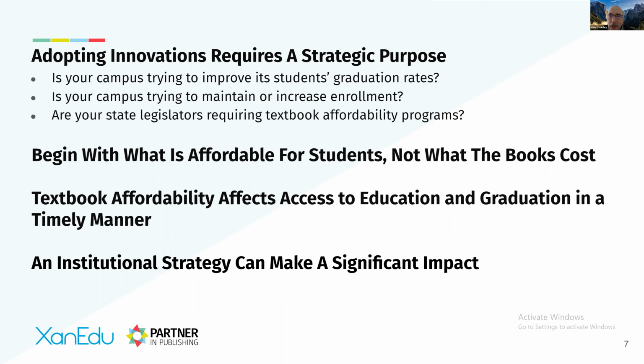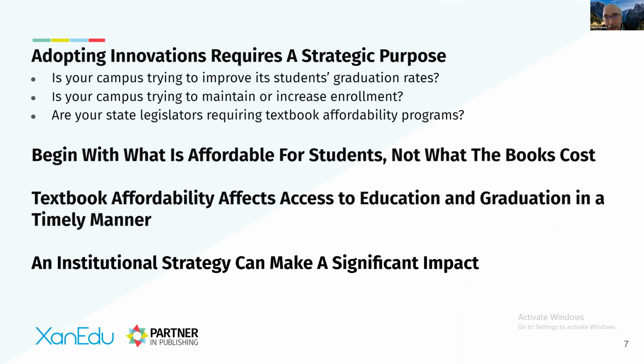You have to begin with understanding what the key priorities are for your campus, because we're all overwhelmed with so many different things. So the way you can integrate affordable learning solutions into your campus and have it become an action item is to tie it with a strategic purpose that your president, your provost, your board of trustees are really pushing your institution toward.